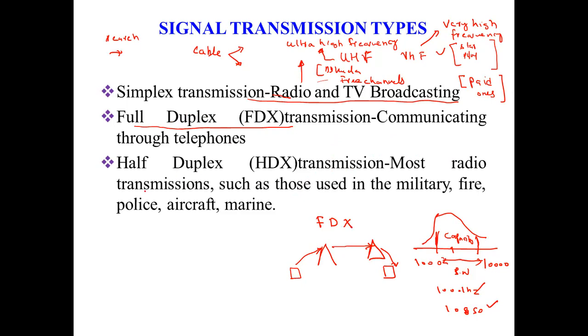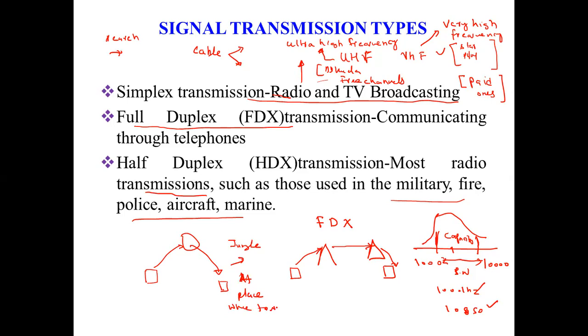Whereas when you are using radio transmissions, like in the military or police, you are not having this kind of an arrangement. You are having a particular thing, and you are giving it to the satellite. Here it is a walkie talkie, because you can be in a jungle, at a place where range is not there, where tower installment is not there.